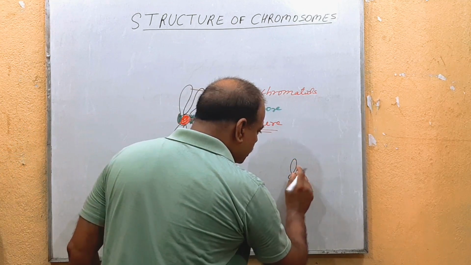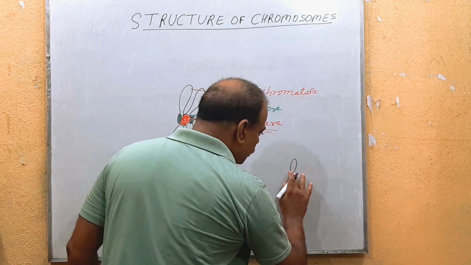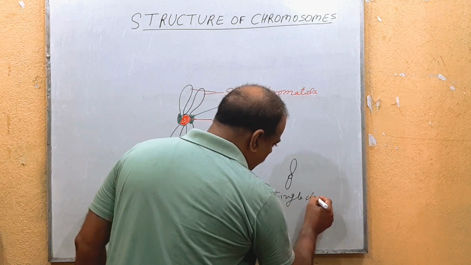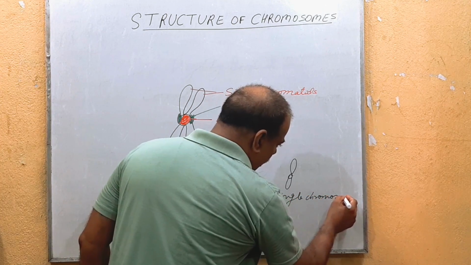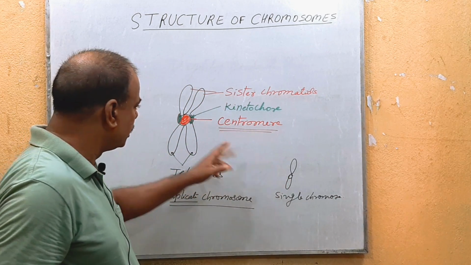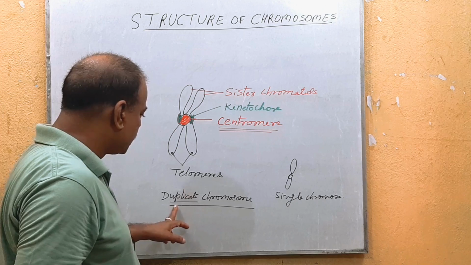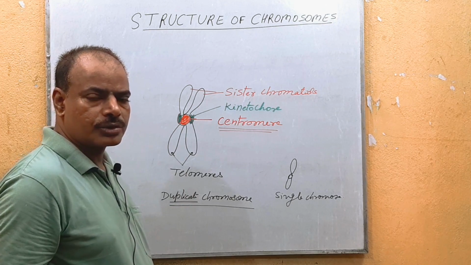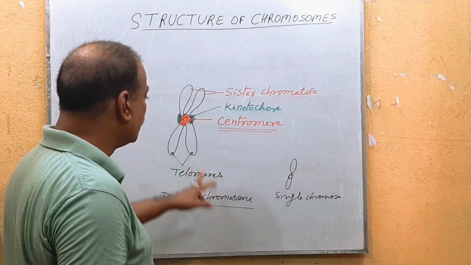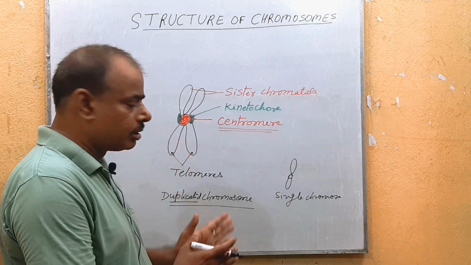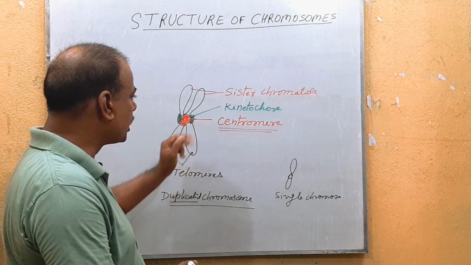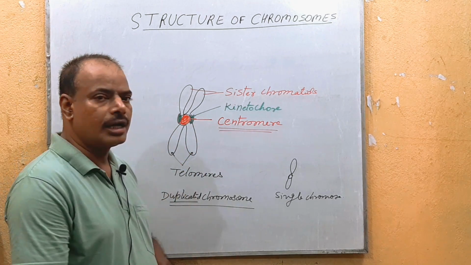Here it is a single chromosome, and after the formation of sister chromatids, we can say it is a duplicated chromosome. So a duplicated chromosome has two longitudinal structures known as chromatids, which are attached with each other at the centromere.